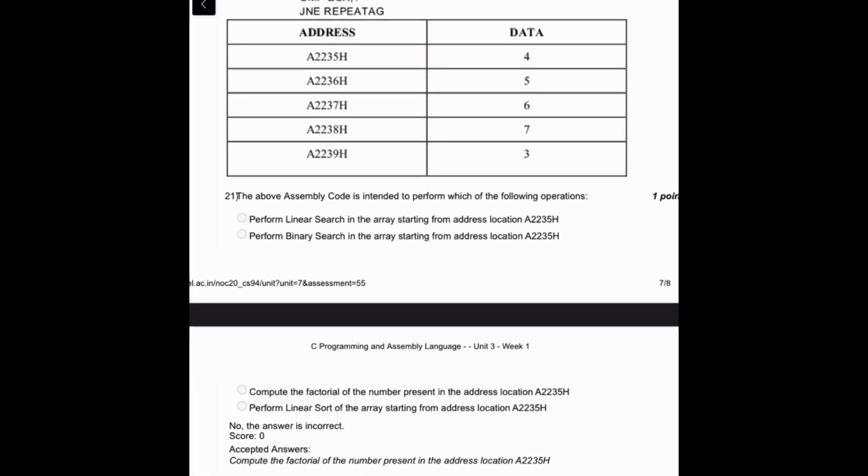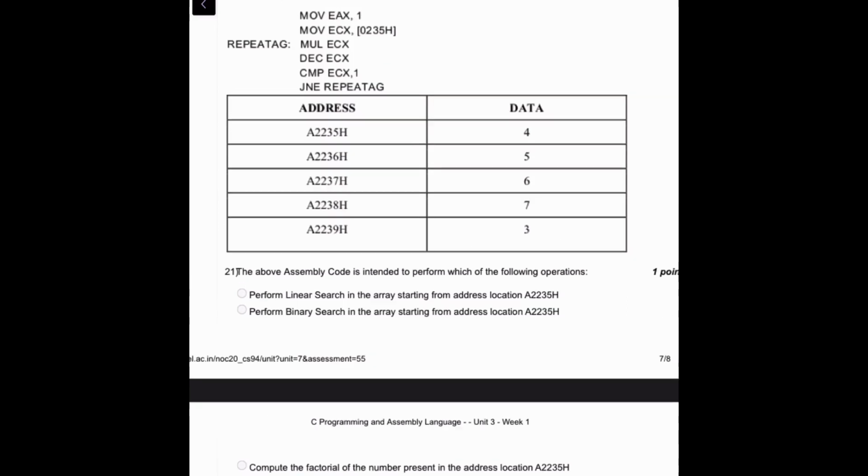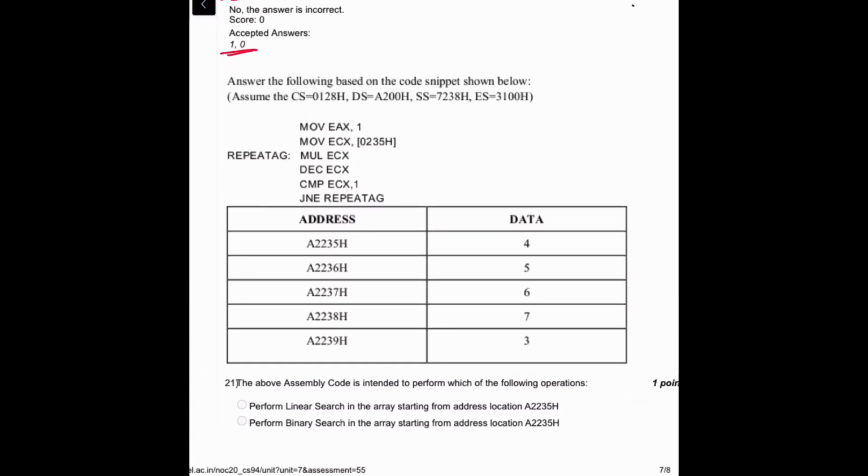The assembly code is intended to perform which of the following operations? Okay, let's look at this code first, what it's doing. EAX is equal to 1, ECX is equal to the value in this address, but since it is in the data segment, by default you'd say DS:0235.